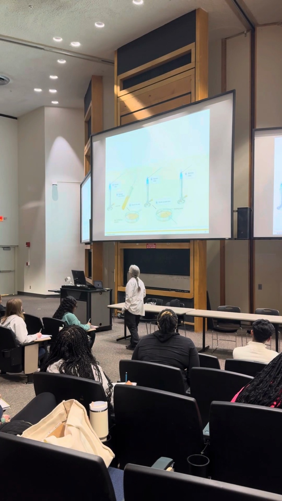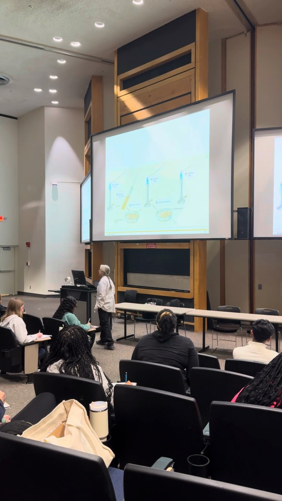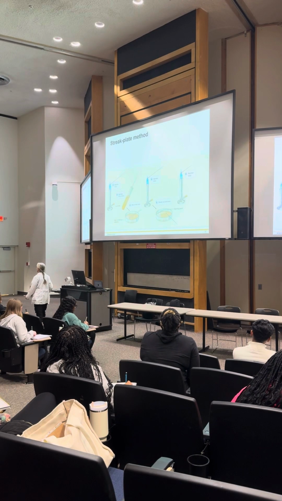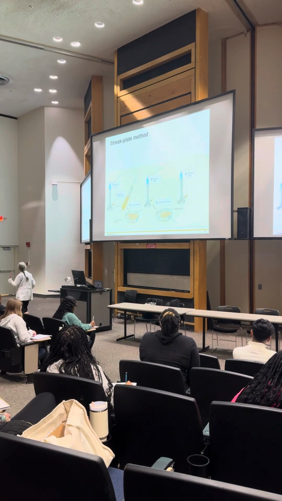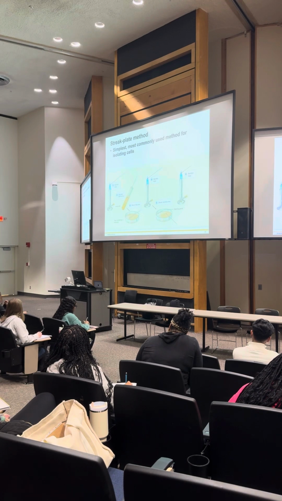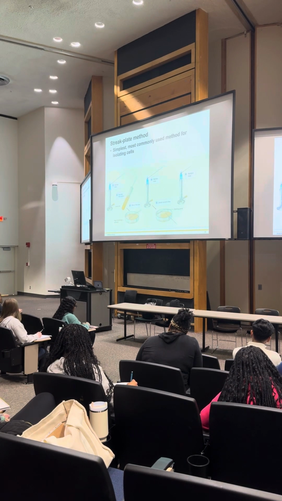Okay, so let's just sort of go through some steps of how we would streak our plate. That's what it's called. We're making a streak plate. Why are we doing this? So this is really the most common method of isolating or growing cells.